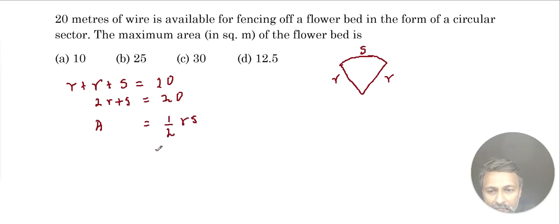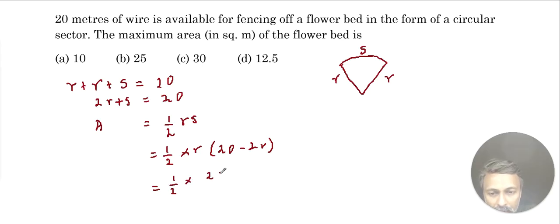We can write s as 20 minus 2r, so it is half times 20r minus 2r square. This is the area function.